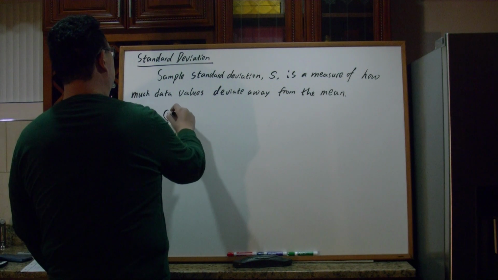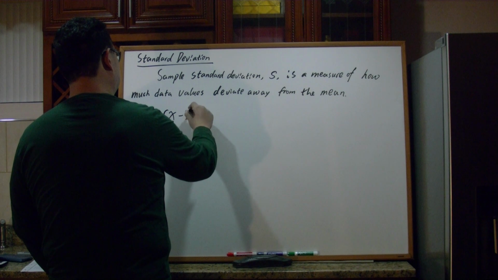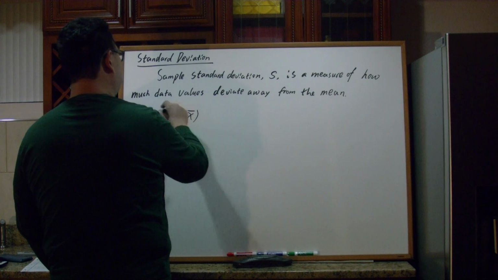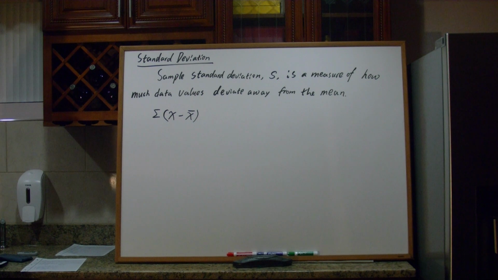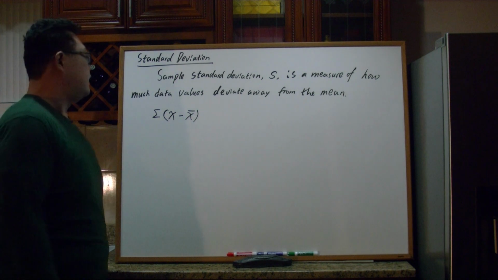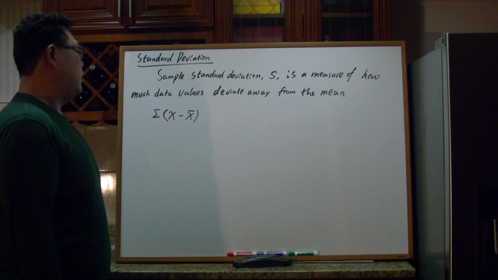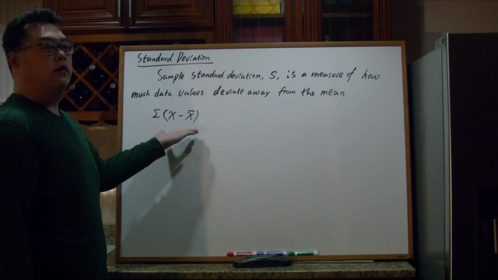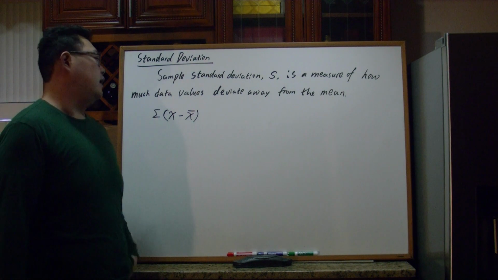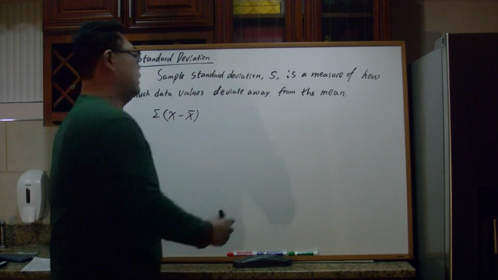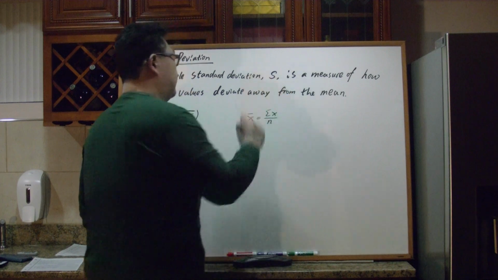By definition, for each individual data value we subtract the sample mean, then we add them together. That follows the same level as the data, the first order. But the problem is, if you remember, the sample mean is the sum of x divided by n.